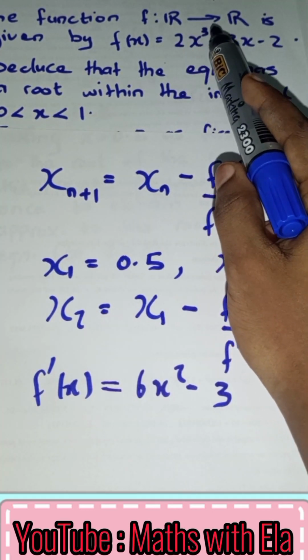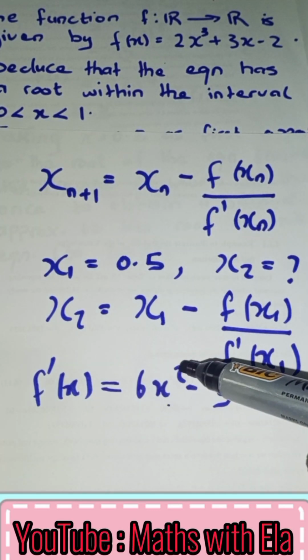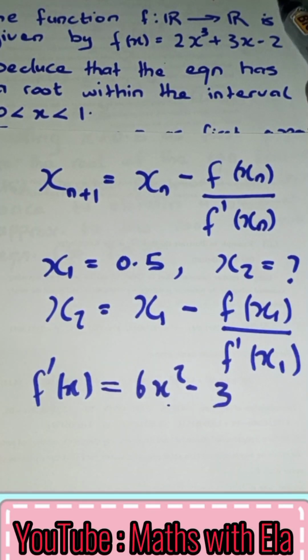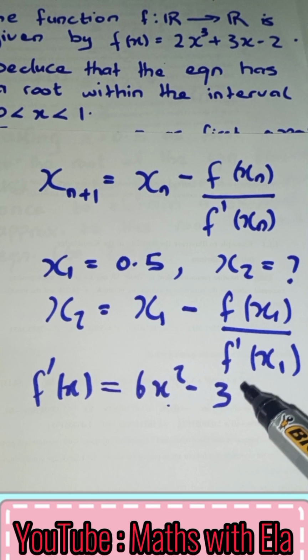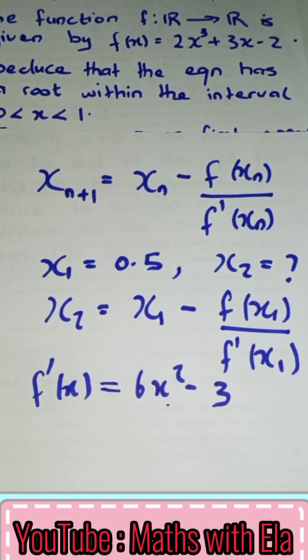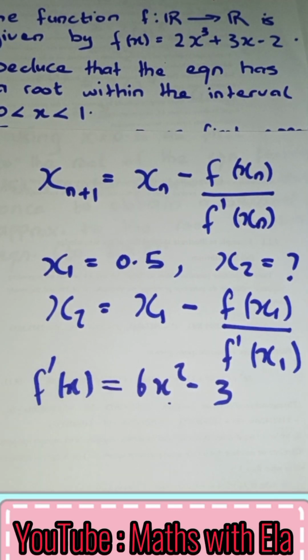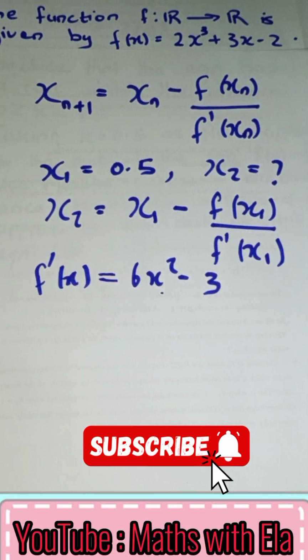That will give us 2 times 3, that gives us 6, and then x, 3 minus 1, that's 2, minus, the power here is 1, you bring down the 1 times 3, is going to give us 3x, 1 minus 1 is 0, so x to 0 is 1, so we are left with 6x squared minus 3.